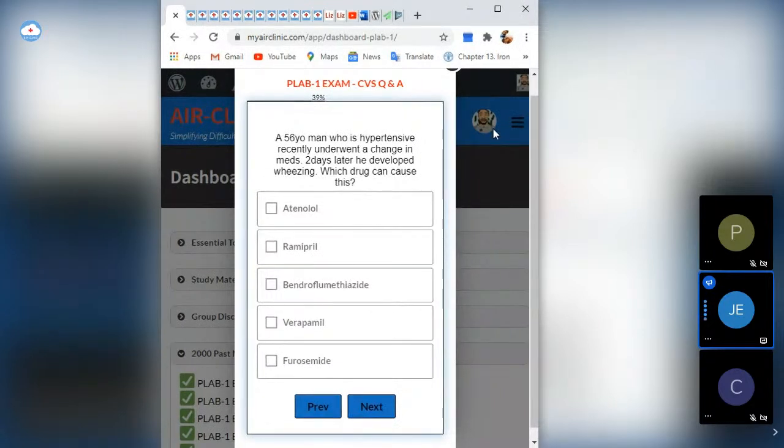It's renoprotective in diabetics, so it's not like you just start giving it to everybody. In diabetics, the earliest marker of diabetic nephropathy is proteinuria. So it's renoprotective because it's antiproteinuric.